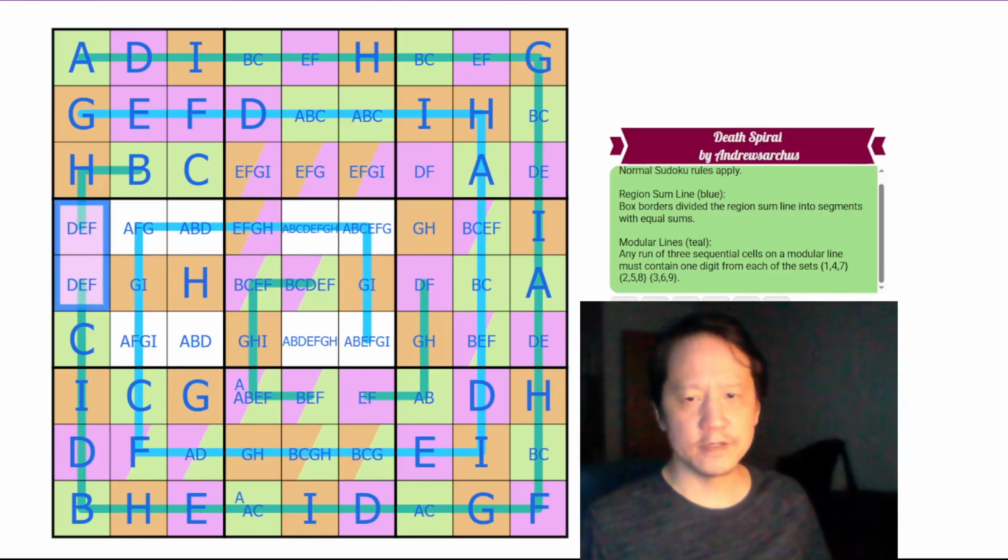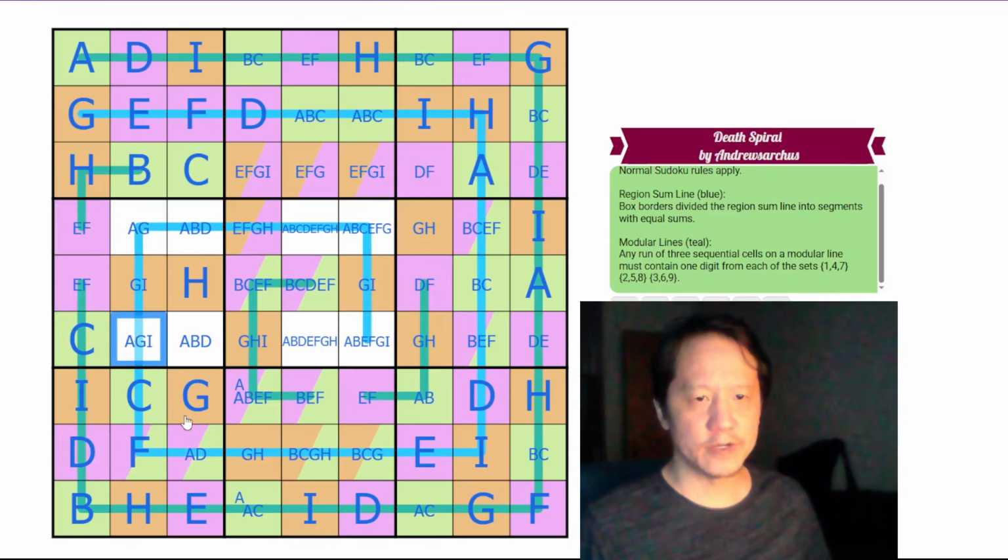F, D, no D, no F here, A, G, I. This is A, B, and D with A there. So I think we came up with that this was also a set of 3 digits and 2 oranges, right? So this is green and orange. And this is B or D. This can't be pink, that's green.